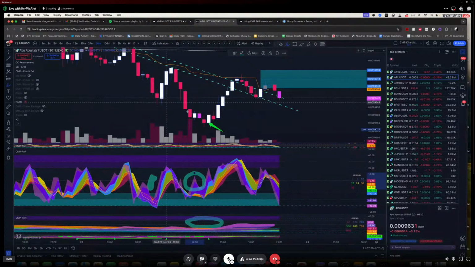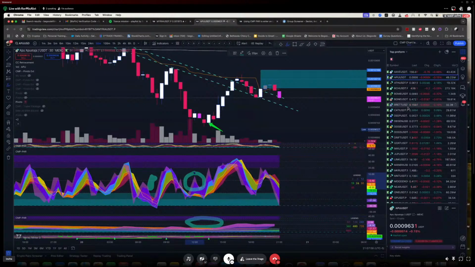And you had price come down while the indicator on the gaps actually went upwards. So that is a par gap bull div on Apu. And we also had that on deep, which I'm going to show you in a second. So there's 2. And as you can see, the win rate on these is very high when you get these.